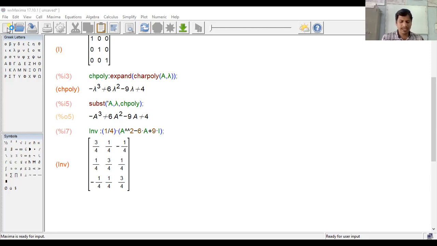Okay. Next go to a, I want the next step, that is characteristic polynomial. CHPOLY. Okay, this is characteristic polynomial.